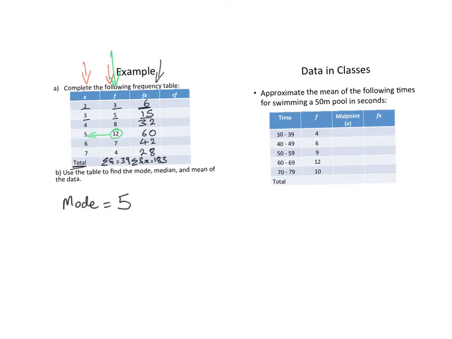However, for the mean, the mean is the total of the FX column, which is 183, divided by the total of the F column, which is 39. Obviously in a test or an exam, you're going to do that to 3 significant figures. If this was a paper 1, you'd probably just leave it as 183 over 39. But because we have calculators at the moment, we can find the decimal.